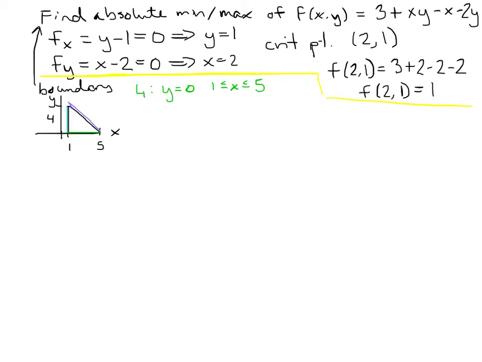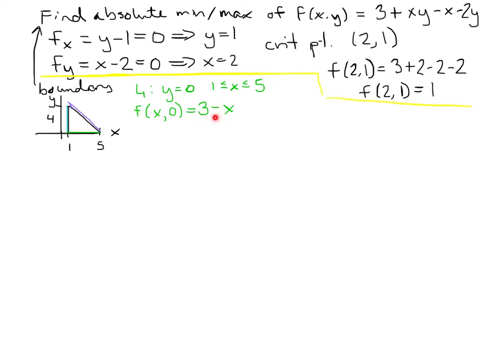So if I plug in 0 back into that function, the function at any x and at y equals 0 is going to be 3, that next term is going to go away, minus x, and then 2y just stays there. All right, so now I take into consideration that x can be anywhere between 1 and 5.